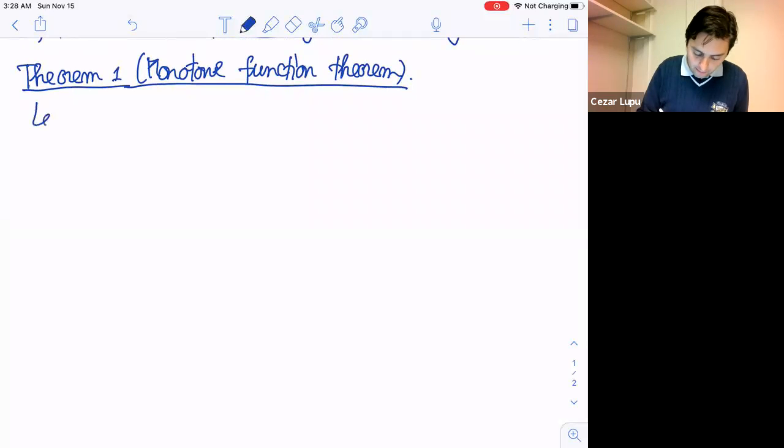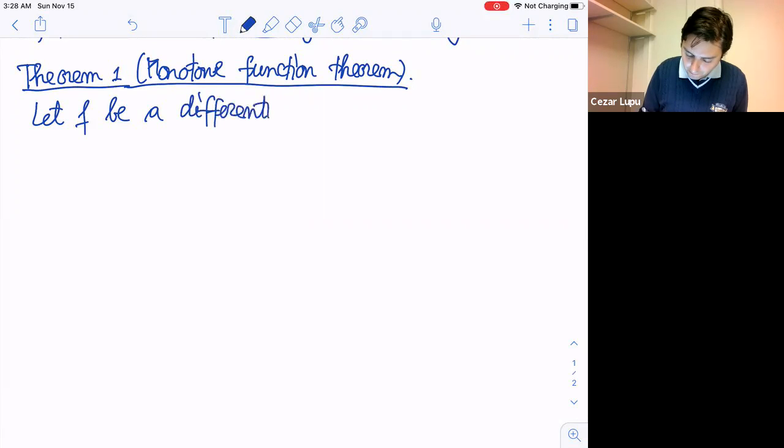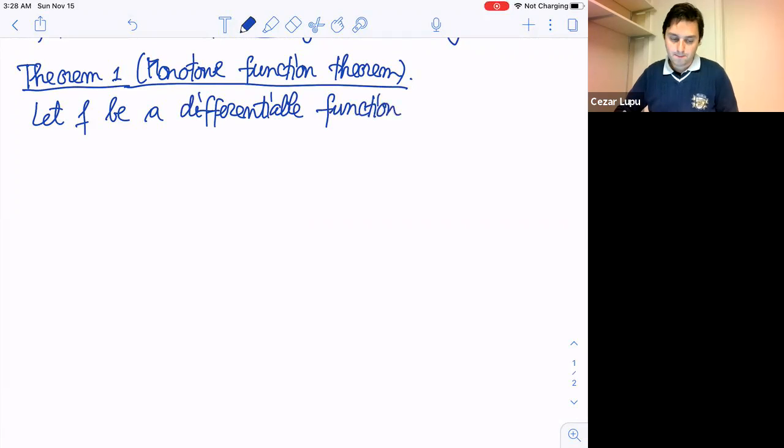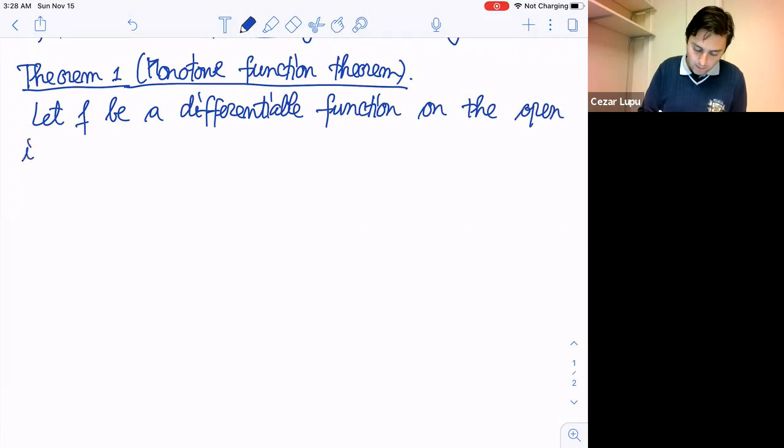Let f be a differentiable function on the open interval (a, b).